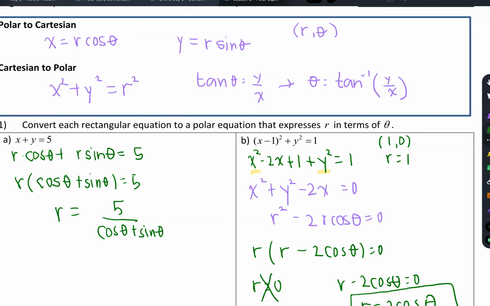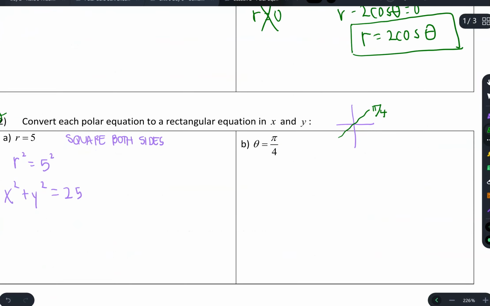So if I take tangent of both sides, then I'll have the x and y ratio. So we'll have tangent of theta is going to be equal to tangent of pi over 4.